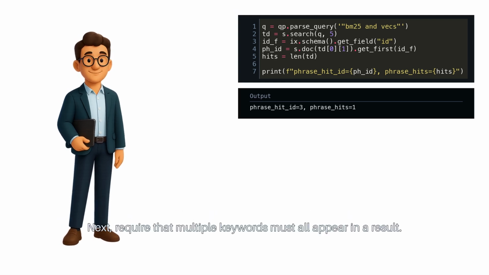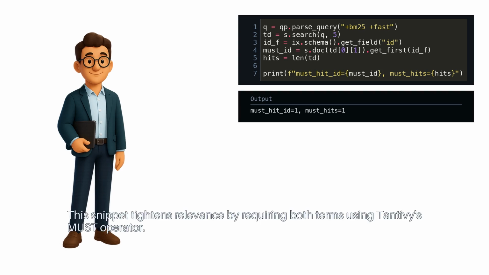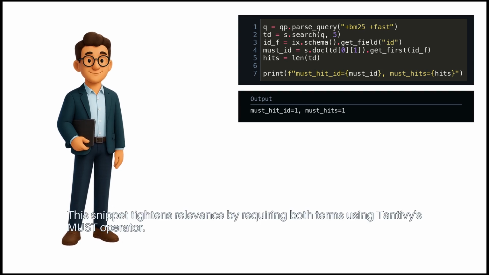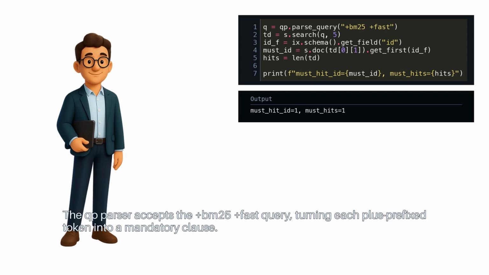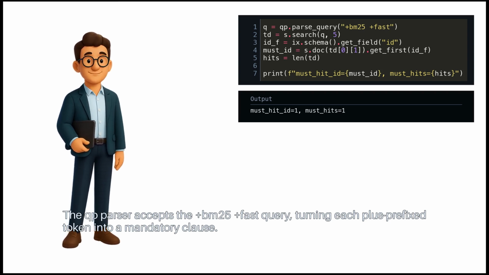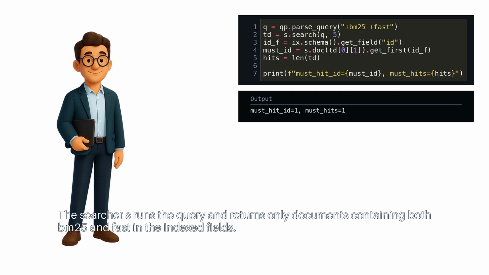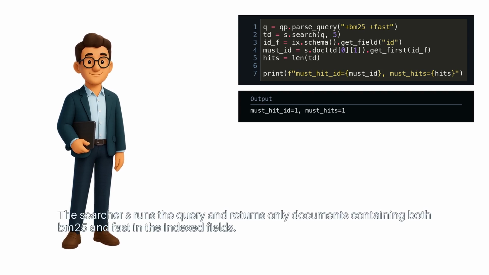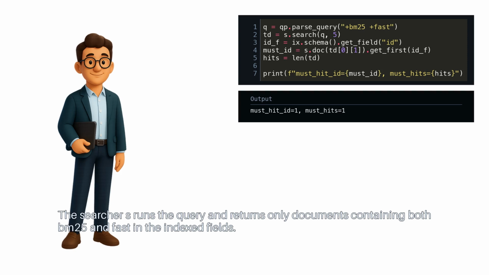Next, require that multiple keywords must all appear in a result. This snippet tightens relevance by requiring both terms using Tantivy's must operator. The QueryParser accepts the plus BM25 plus fast query, turning each plus prefix token into a mandatory clause. The Searcher S runs the query and returns only documents containing both BM25 and fast in the indexed fields.